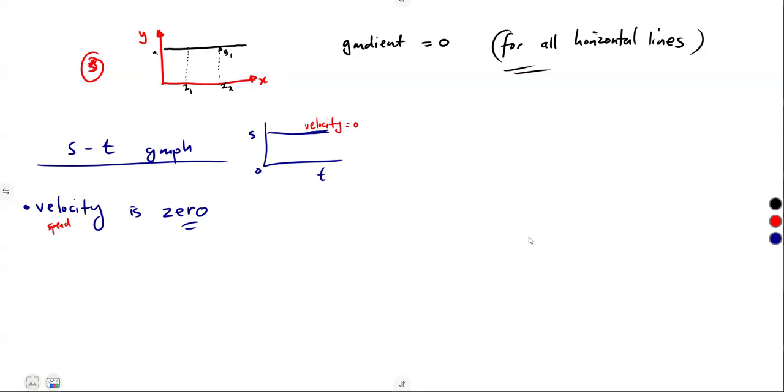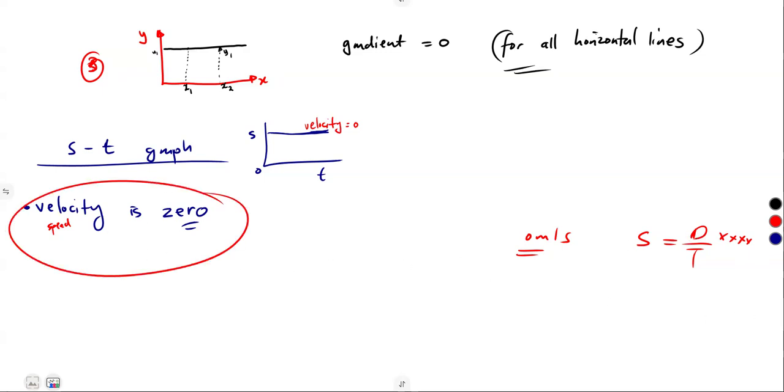When you're saying the speed is 0 meters per second, speed is taken from distance over time. So to obtain a 0, there is no movement at all. We are still at a single point in terms of the distance. So the object is stationary, not moving.